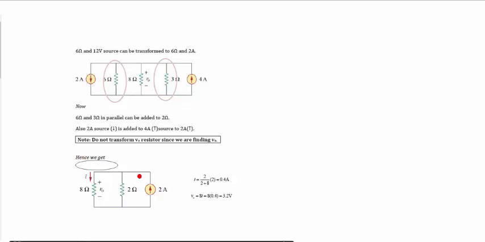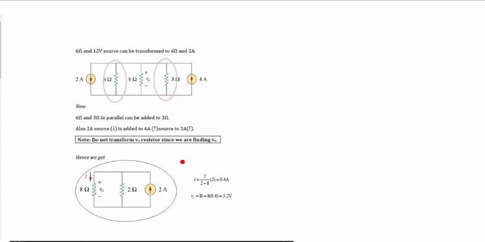This is the most simplified circuit you can get for these two, or you can add them. This is an alternative, but then you can just use the current divider rule. In parallel we know that current divides, so the currents across these two resistors add up to 2 amps. How will we know that? You can use the current divider rule.